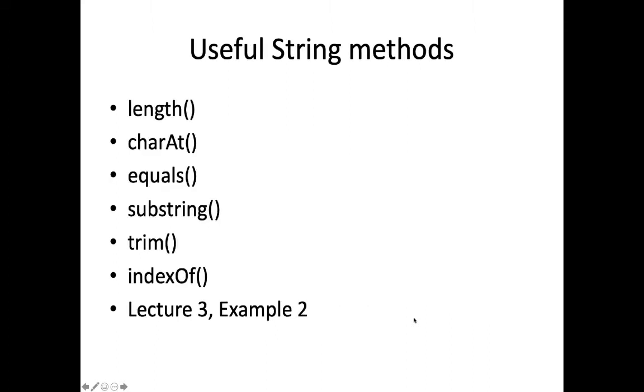Before we go into that, here are some string methods. String is an object, so it has instance methods. We haven't really learned how to write instance methods or design objects, but again, that's not really the point of this class, and we're just going to touch on that a little bit before we dive into data structures. But the idea here is that an instance of a string has methods that you can call on that string.